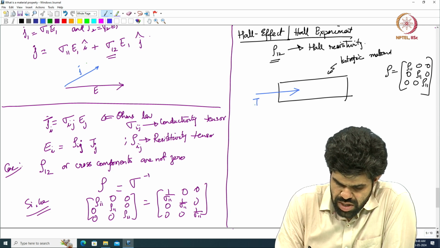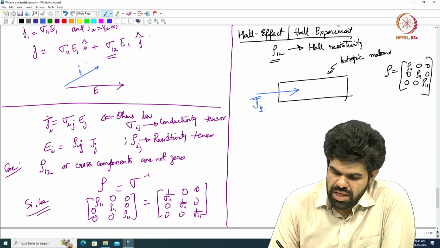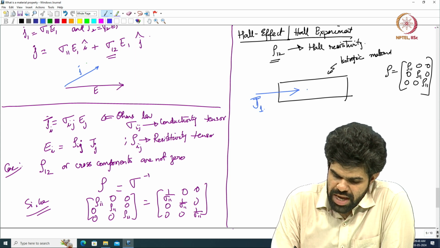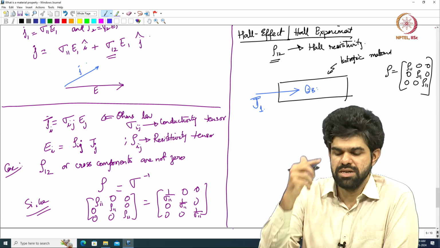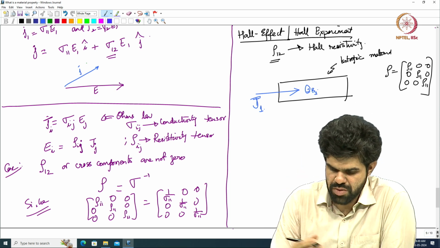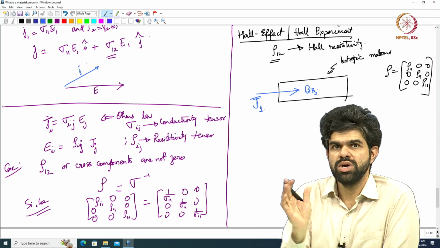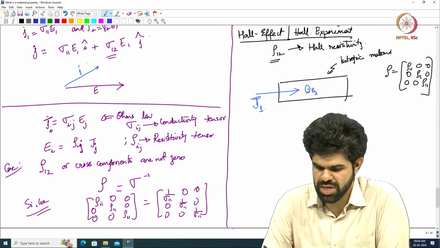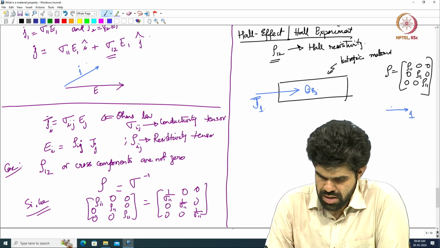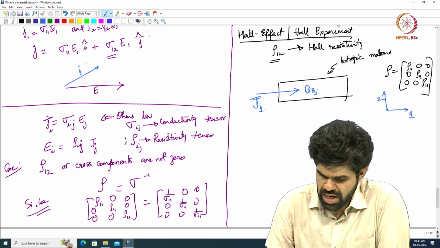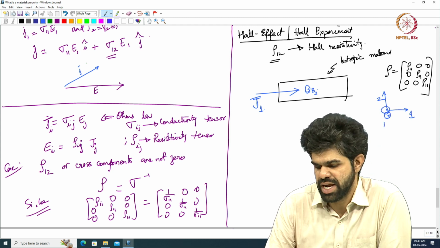So, current J is going in direction number 1, and I am going to apply a magnetic field in direction number 3, right. So, this is 1, that is 2, and 1 to 2 gives me 3. So, these are my axes, right. This is 1, this is 2, and then 3 comes out of the plane, right. So, this is a right-handed coordinate system.